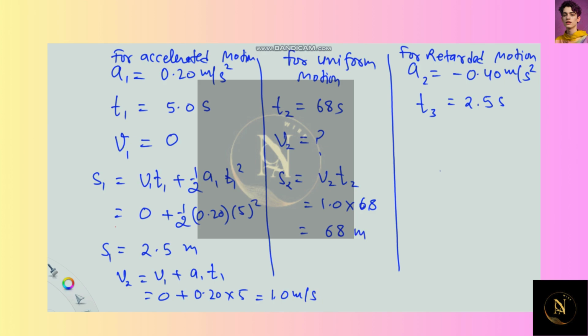Then for retarded motion, S3 will again be given by using second equation of motion. Final velocity of the first part, accelerated part, will become initial velocity of the retarded part.